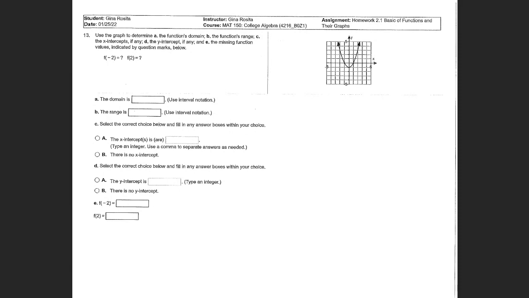Number 13. Use the graph to determine A, the function's domain, B, the function's range, C, the x-intercepts, if any, D, the y-intercepts, if any, and E, the missing function values indicated by question marks below. So we have to find f of negative 2.